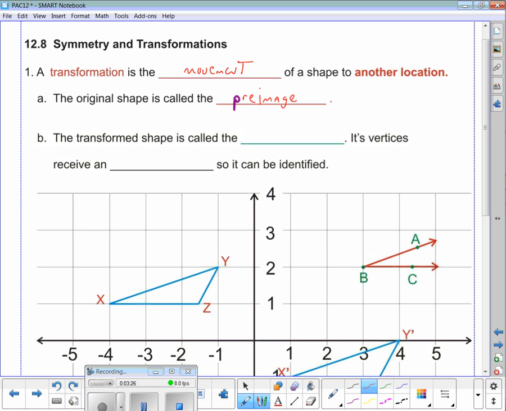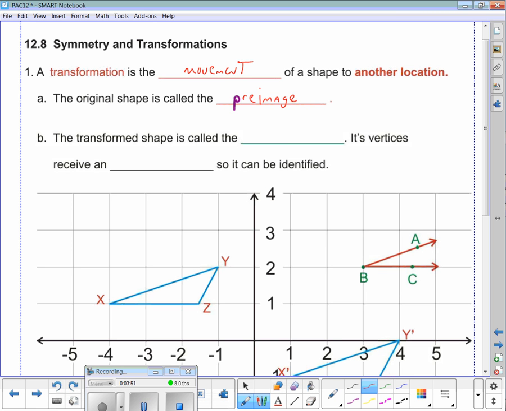But if you've ever taken an image and moved it, that would be the concept. Believe it or not, the original is called a pre-image. If I were naming it, I'd call the original the image and the next one the post-image or something, but that wasn't me. Somebody decided that the original is the pre-image.